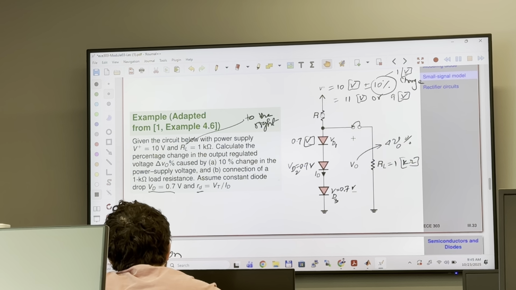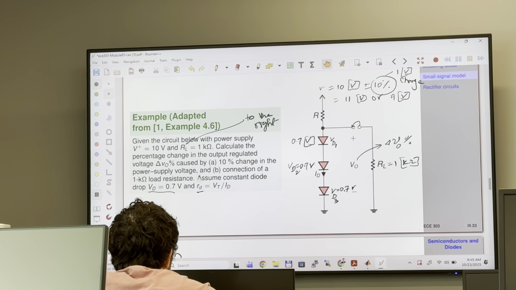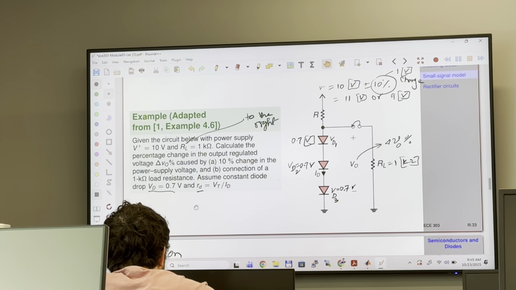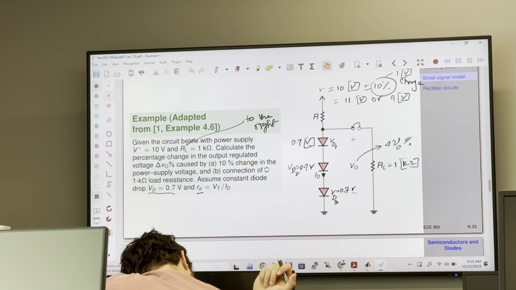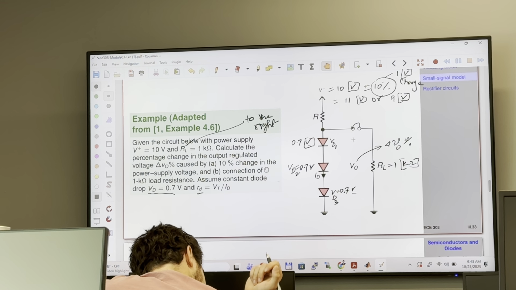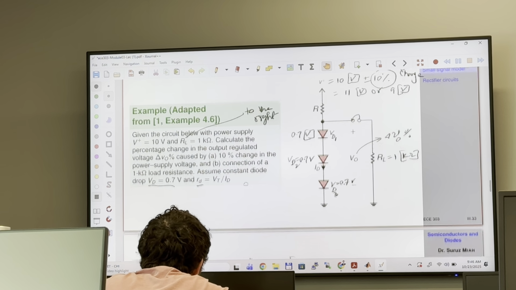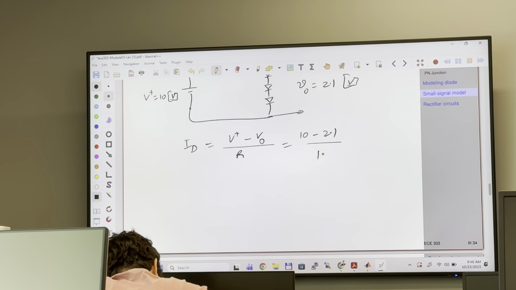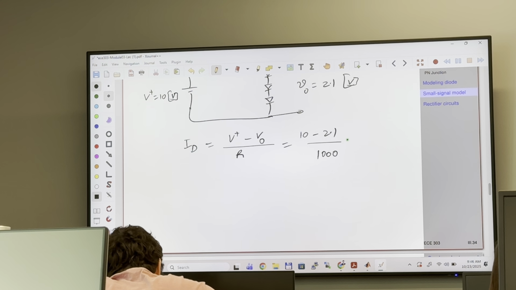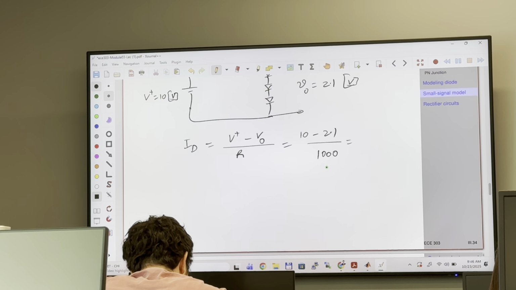This R. That's R. So it should be R actually. I forgot to substitute R. R should be 1K. So it is 1K, which is 1000. Could you please give me the calculation? That's 10 minus 2.1 over 1000.